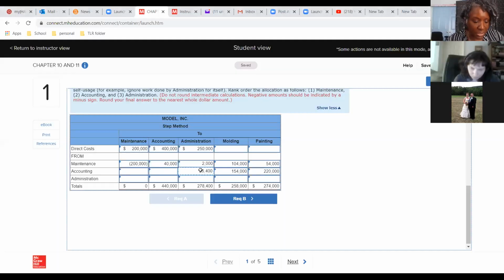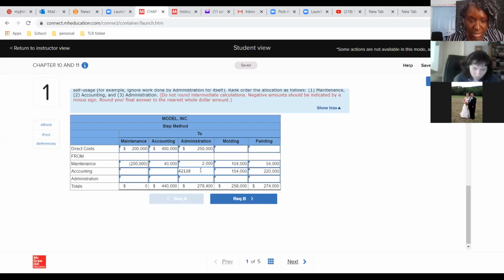Let's go back. Easy mistake, and I guess it's good to know it now. So my first is going to be 42,127.128, I'm going to round up. Then I'm going to do the same thing for molding. Molding is going to be 70 over 188. And it should be 163,830.